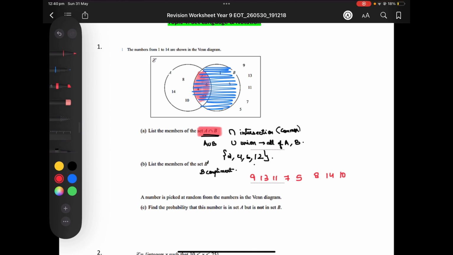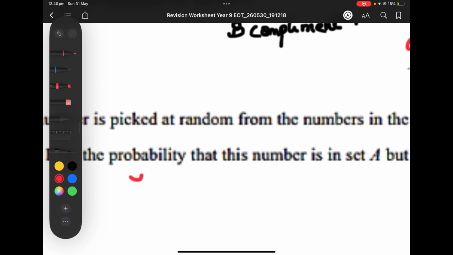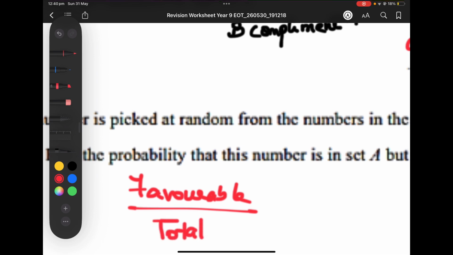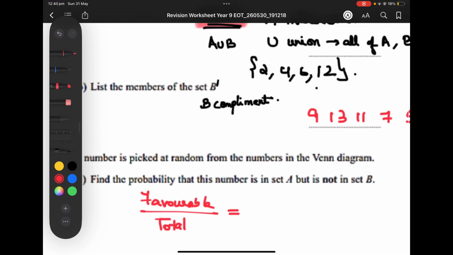In probability we deal with questions as wanted over total, the favorable value divided by the total outcomes. Favorable outcome over the total outcome, or in simple terms, what you want over the total.